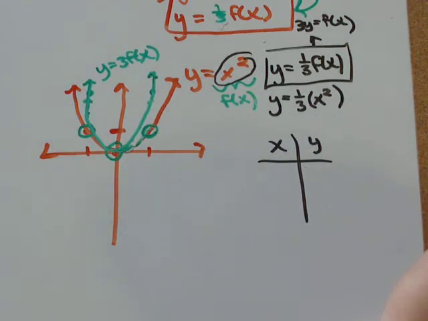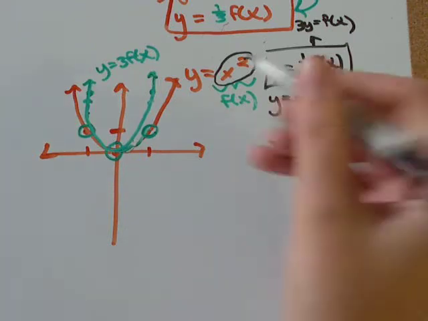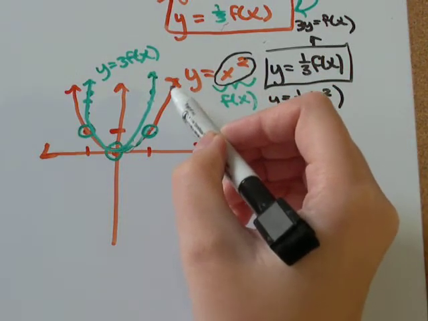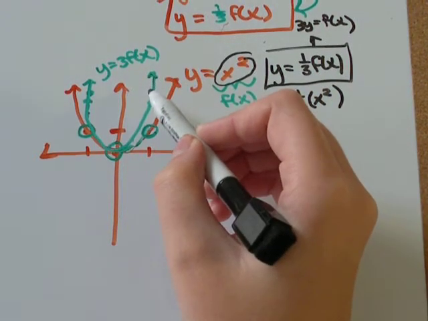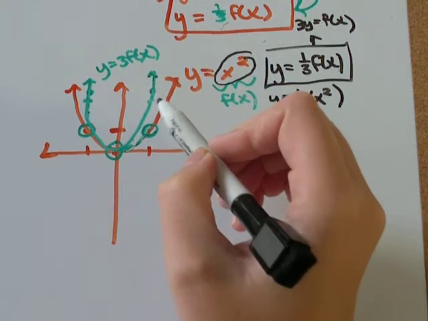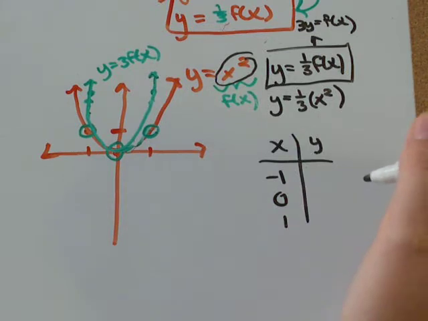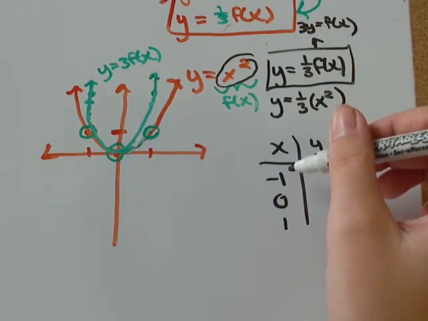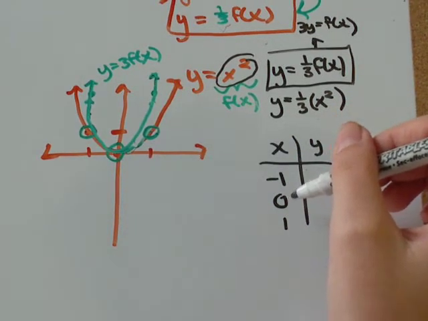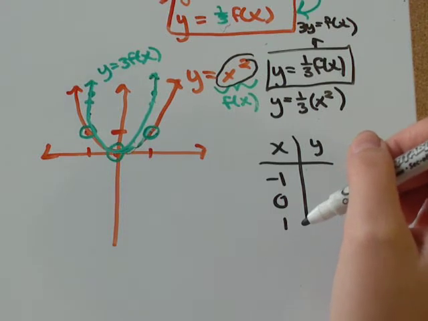We'll plot some points and we'll see how this graph looks compared to our original in orange and our vertical stretch or vertical expansion in green. When you're doing this, it's always nice to have a point that's negative, a point where the x value is 0, and a point that's positive.